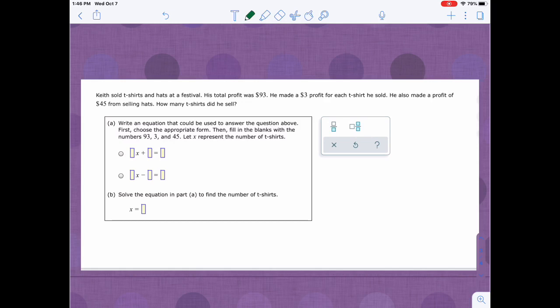Okay, so forgetting about the form there for just a minute, let's think about it. We have t-shirts, right? And we have hats, and we made $93. We know a little bit more about t-shirts. We know that we had $3 for each one. 3 times the number of t-shirts can tell me how much I made on t-shirts.